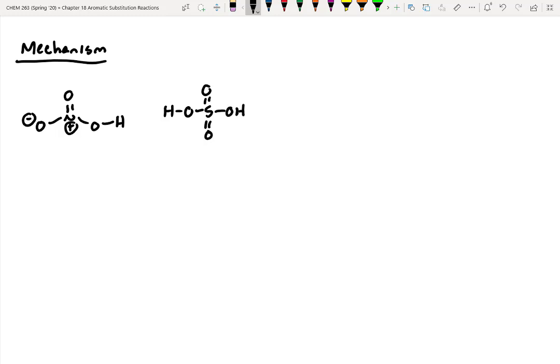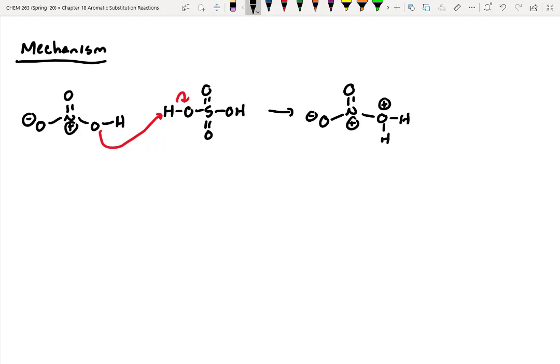And sulfuric acid, in this case, is much more acidic than nitric acid. So it will actually protonate nitric acid. So nitric acid will steal this proton. And we'll have this good leaving group over here.